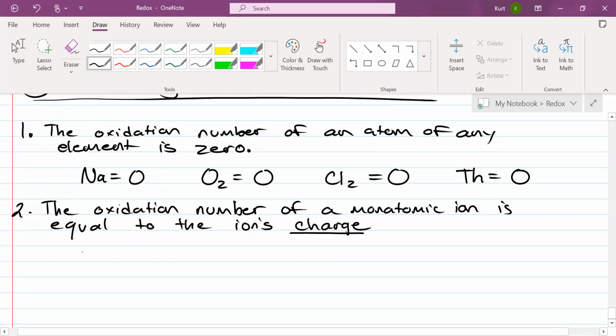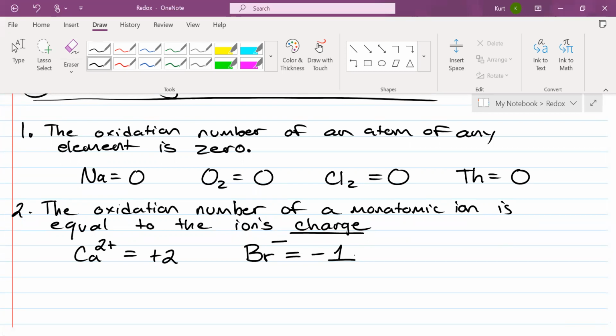So if I have calcium with a +2 charge, its oxidation number is +2. If I have bromine with a -1 charge, its oxidation number is -1. When you have a monatomic ion, when I say monatomic, how many atoms make up that ion? 1. Its charge is what its oxidation number will be.